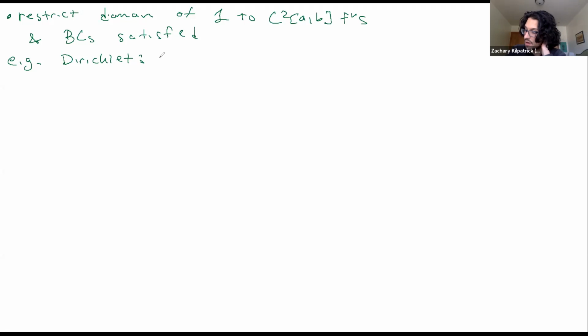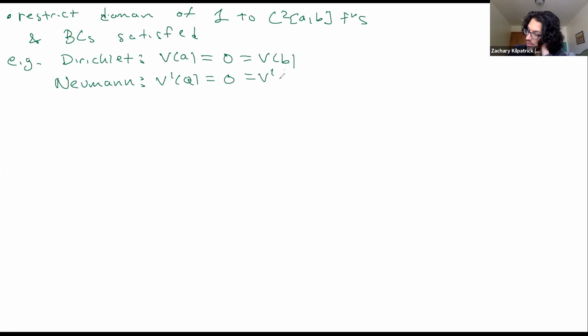If we remember from last time, we had Dirichlet boundary conditions. These were like V of A equals 0 equals V of B, okay? We could have Neumann boundary conditions, where the first spatial derivative is equal to 0.